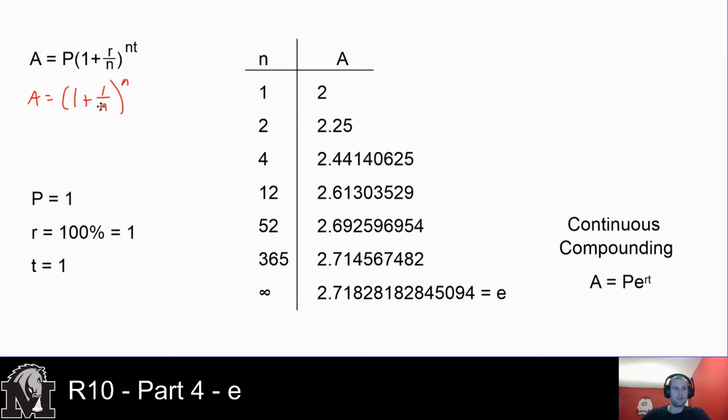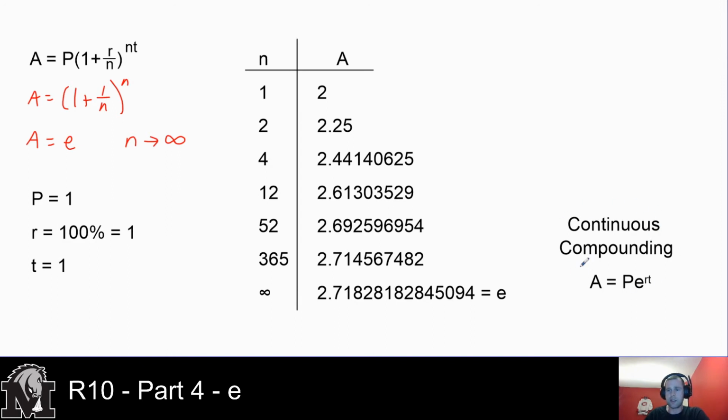So this whole expression ends up as A equals e, when our n value is approaching infinity. I called this continuous compounding when we have an infinite number of compounding periods.